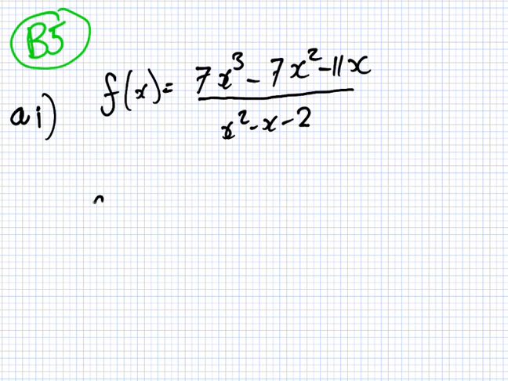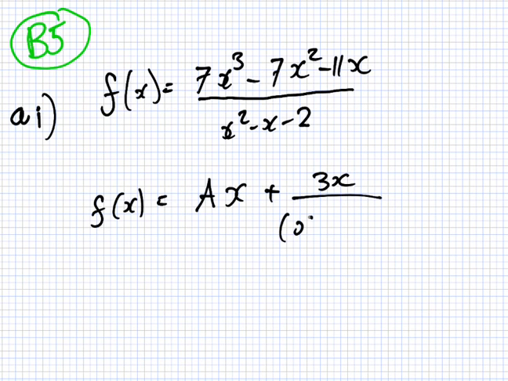And they say in the question that f(x) can be written in this form: ax plus 3x over (x minus 2)(x plus 1). So they want you to find the value of a.